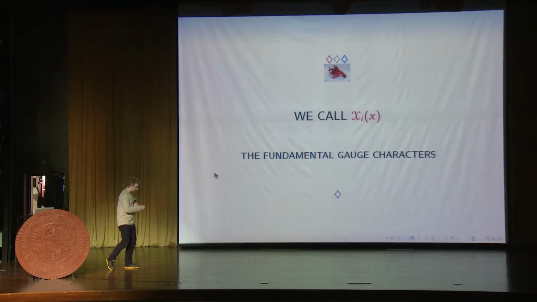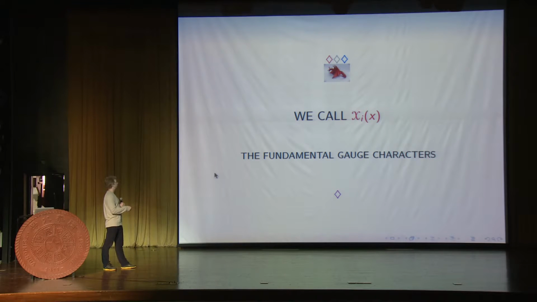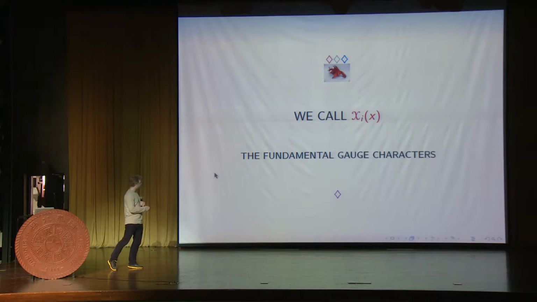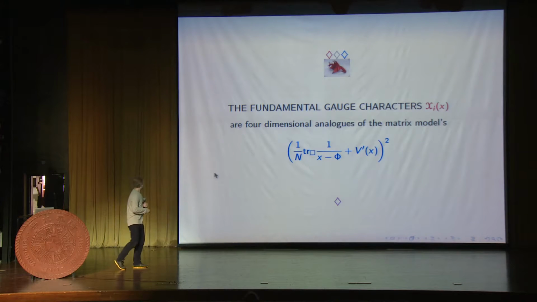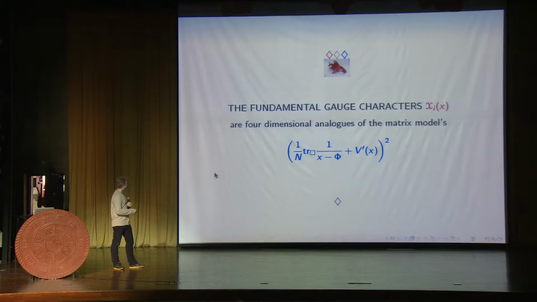So such expressions which start with y and then are corrected, we call the fundamental gauge characters, for reasons which will be clear later. And these fundamental gauge characters are the four-dimensional analogs of the matrix model expression, where you took the square of this function.